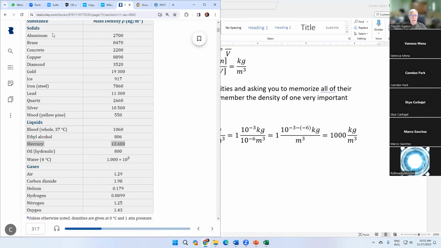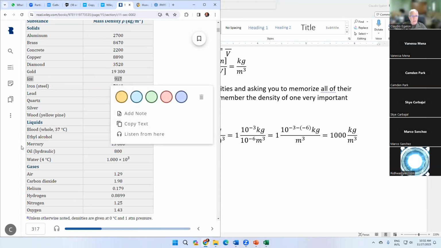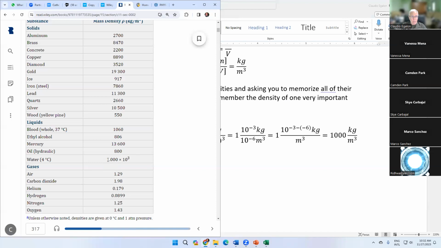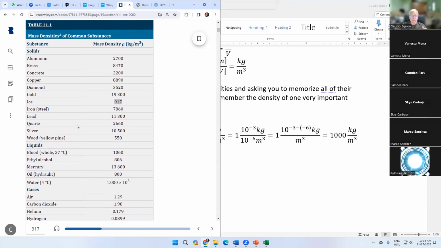So aluminum is very light. It has this density, 2,700, brass, concrete, and so on. Note that ice has a density lower than the density of liquid water. Ice is 917. Liquid water is 1,000. And that's a nice thing about water. In general, the solid counterpart of a given substance has a higher density than its liquid counterpart.